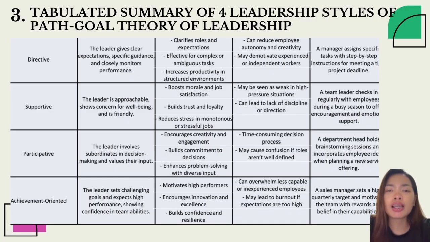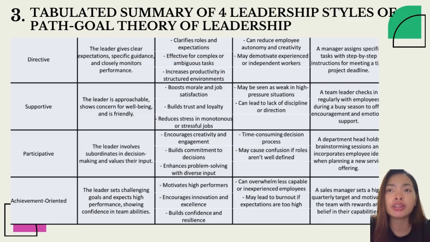In the directive leadership style, the pros are that it clarifies roles and expectations, is effective for complex or ambiguous tasks, and increases productivity in structured environments. Cons: it can reduce employee autonomy and creativity and may demotivate experienced or independent workers.